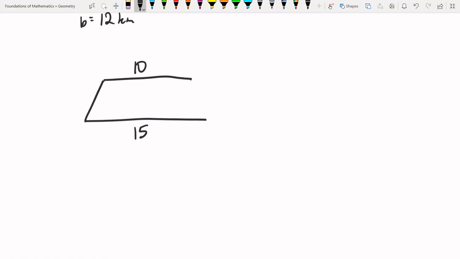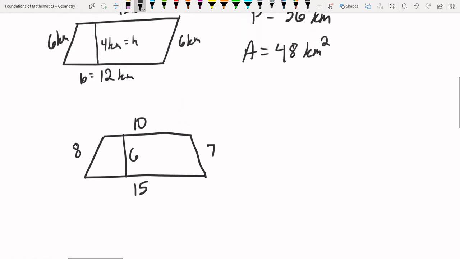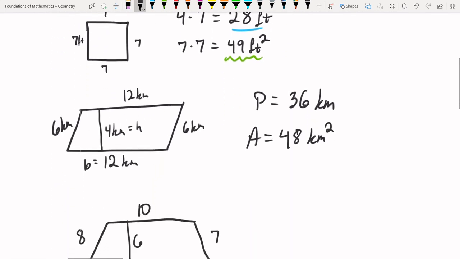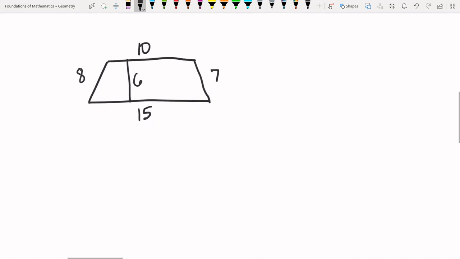One side was longer than the other side. It was 8, 7 with a height of 6. Let me make sure of that. 10, 15, these are all in millimeters. 7 millimeter, 8 millimeter, and a height of 6 millimeters. Very good. Okay.